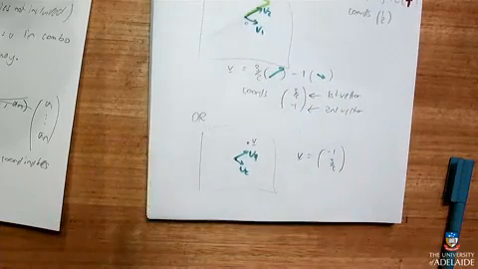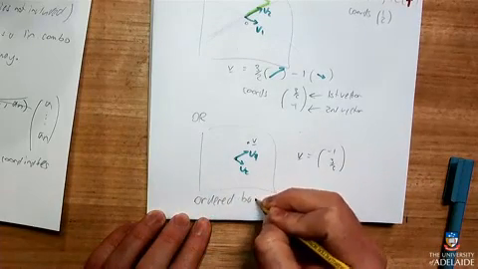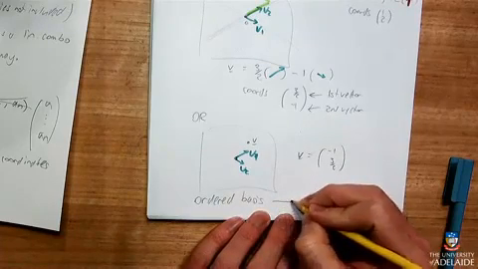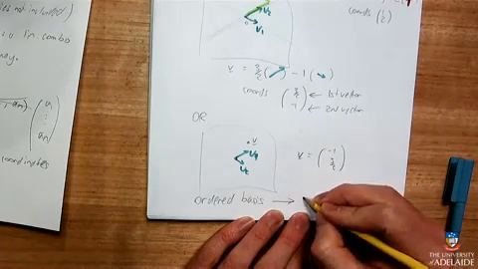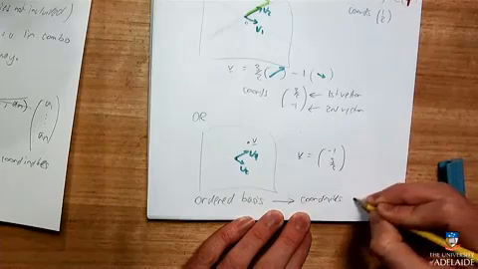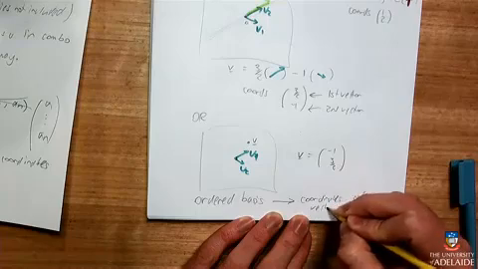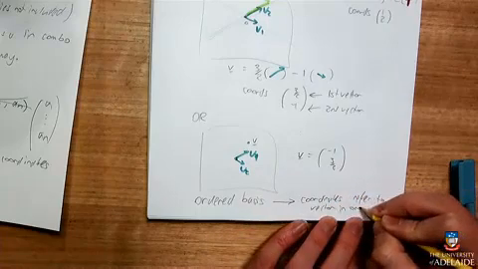And so that's the idea of an ordered basis. Ordered basis allows you to have the coordinates refer to vectors in order in the list.